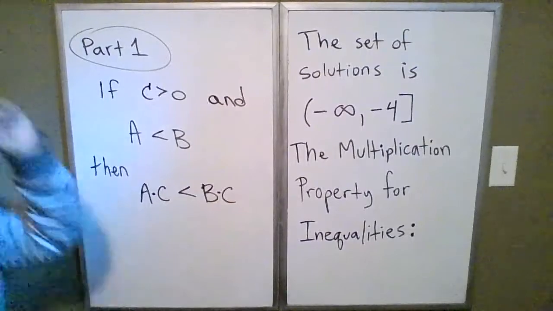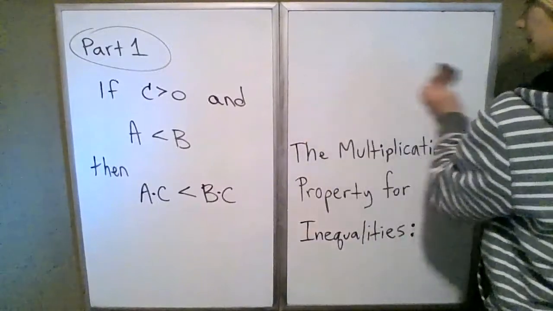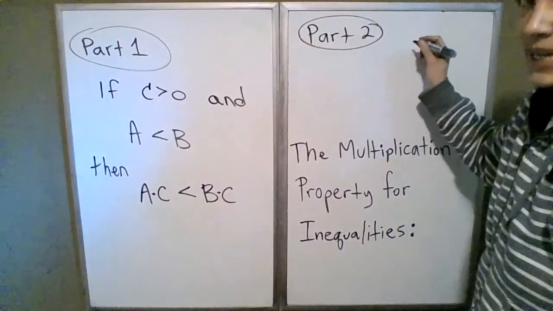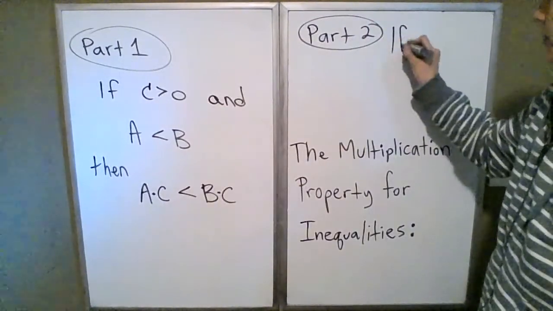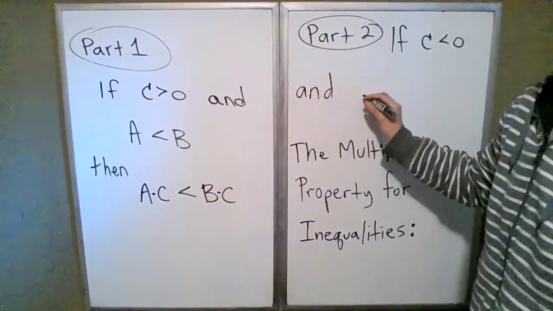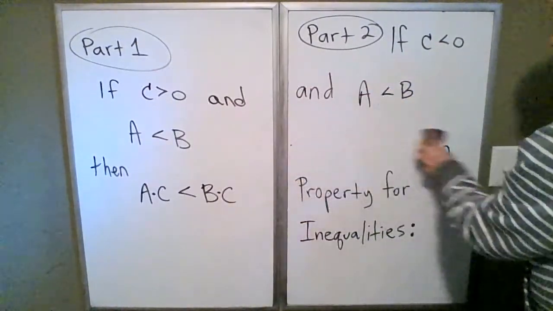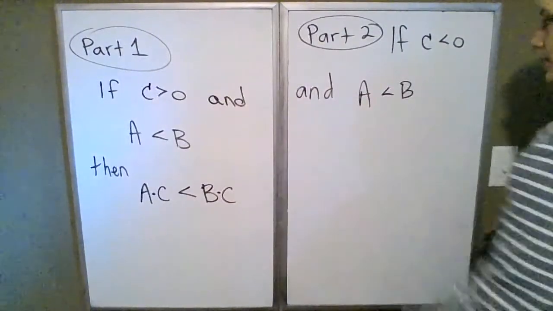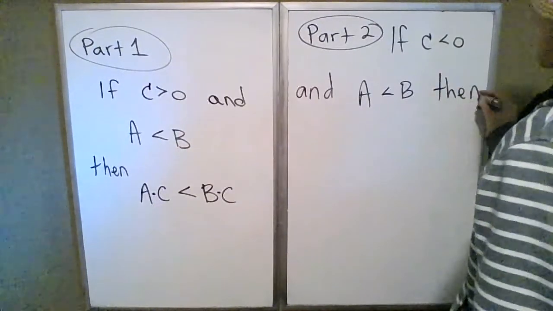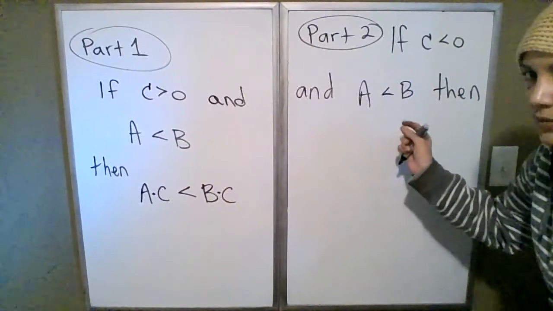Okay, the second part. When C is negative, so if C is less than 0, and you have A less than B, then for negative numbers, if you multiply both sides by that number, you have to flip the sign.